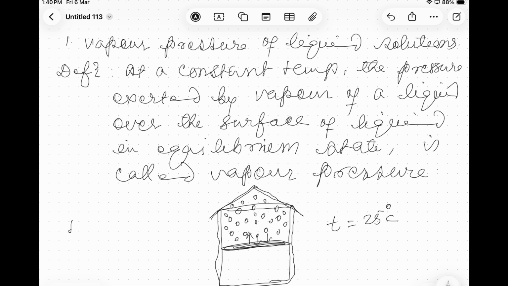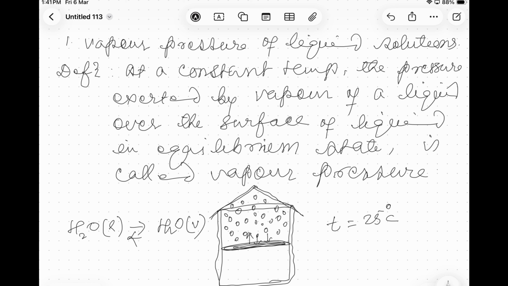There are two processes going on. Liquid evaporates into vapor state, and now vapor also condenses into liquid state.